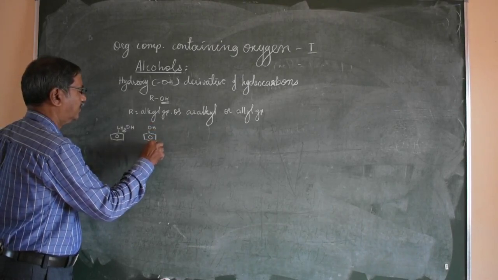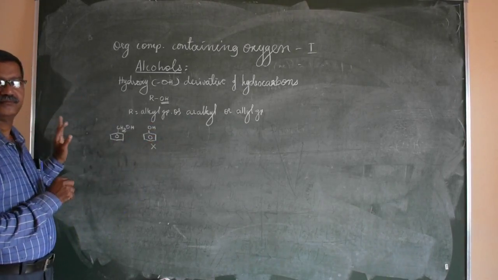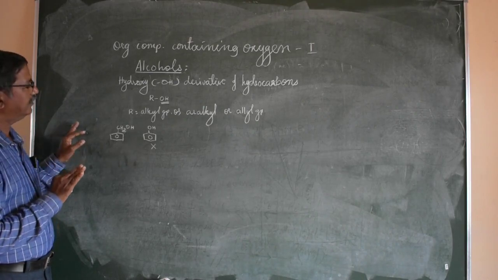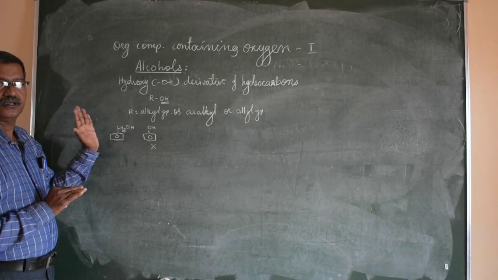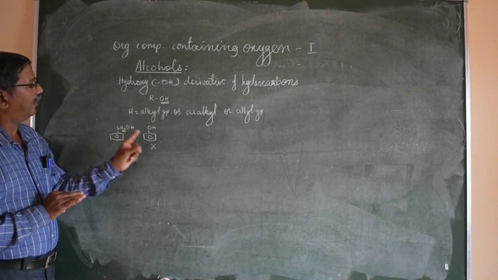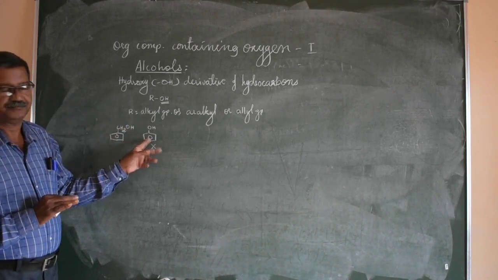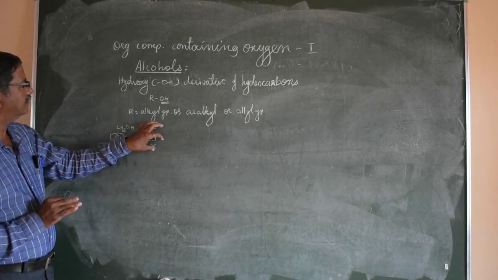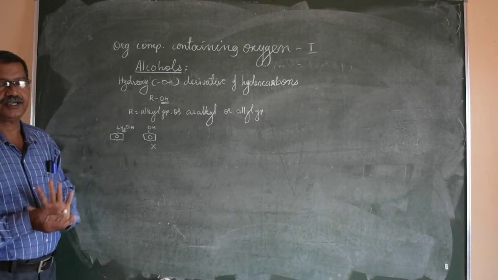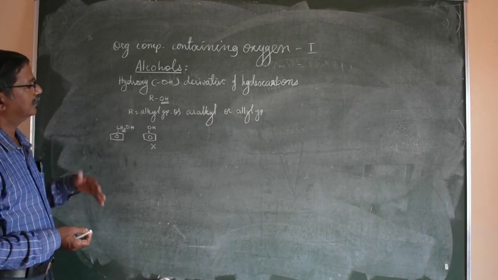If the functional group OH is attached directly to the benzene ring, remember, this is not alcohol. Alcohol means the OH must attach to an aliphatic carbon, not to an aromatic carbon. Those are called phenols. If it is attached to aliphatic carbon, then it is called alcohol.